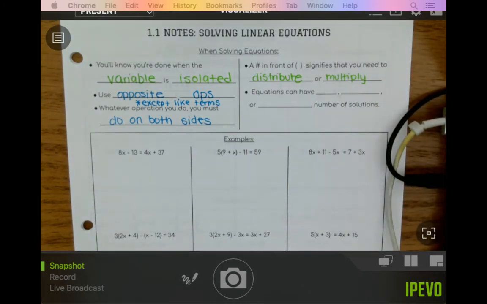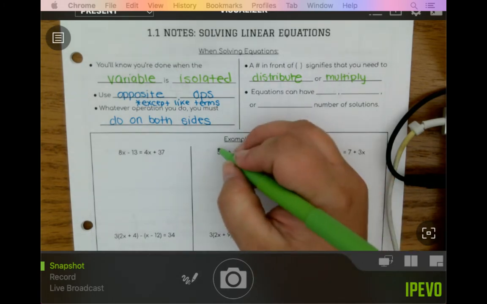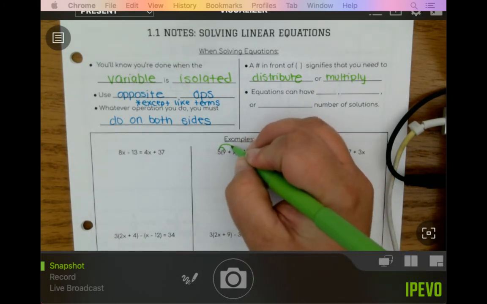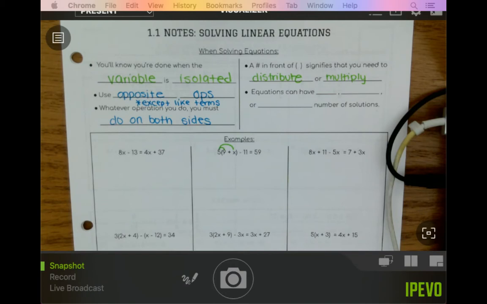Distribute is just what it's called when we deal with the parentheses, because your first goal, if you see parentheses, should be to get rid of them. The only catch with this is, for example, with this 5, that 5 is going to get multiplied by the 9 and the x, but not the 11, because the 11 is not part of that parentheses. So just make sure you're paying attention and you stop when you get to the end of that parentheses.